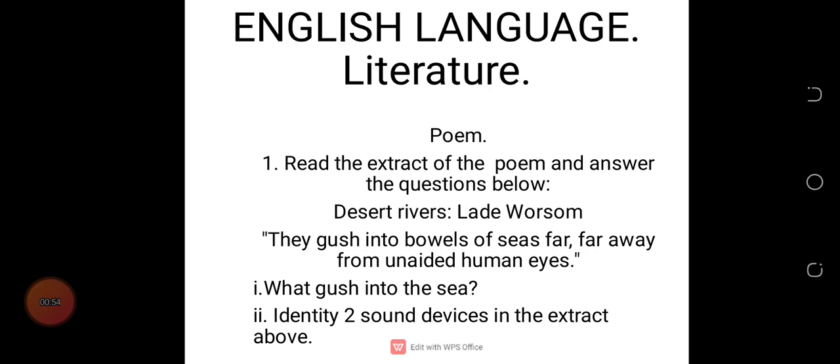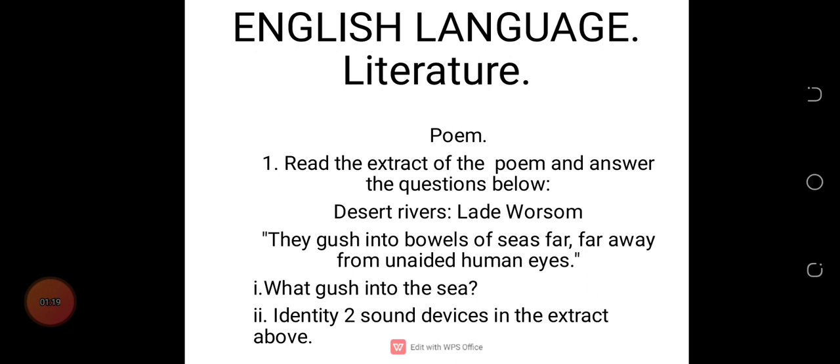So for our literature test, we have questions on a poem, and it's on the poem Desert Rivers by Lade Worsonu. I'm going to read the extract and then lay emphasis on some things I think are necessary and you should know.